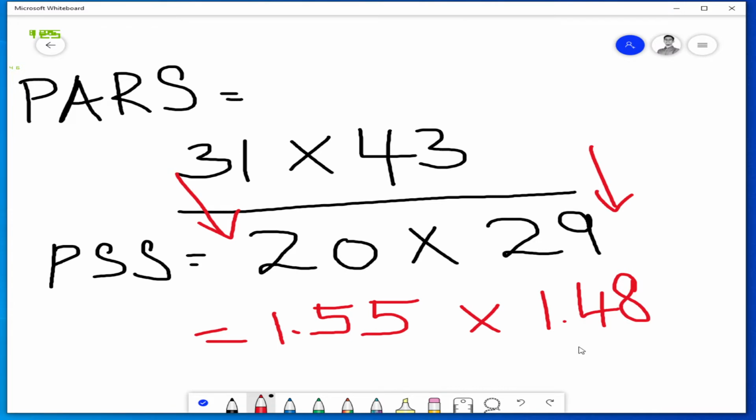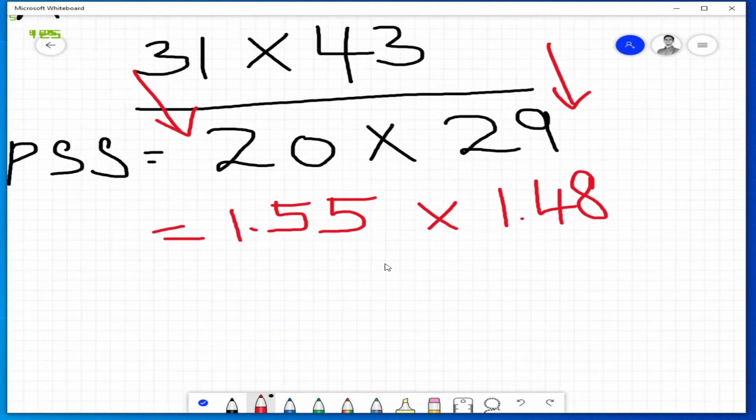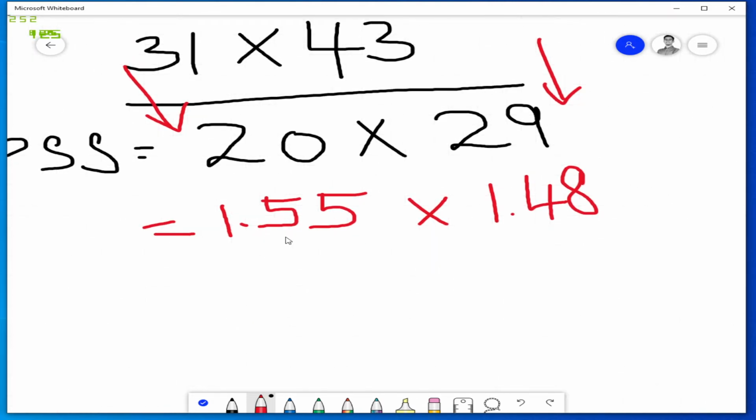Okay. Can you get this? Boleh? Macam mana dapat 1.55? How do you get this? 31 by 20. Okay? So here, pembundaran ni sangat penting dekat sini. Why?